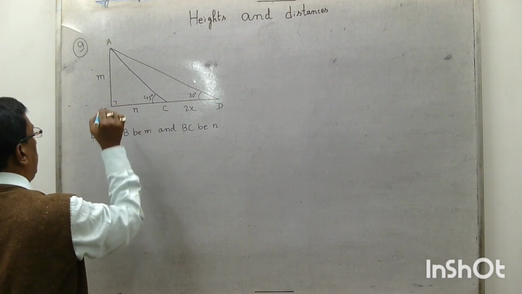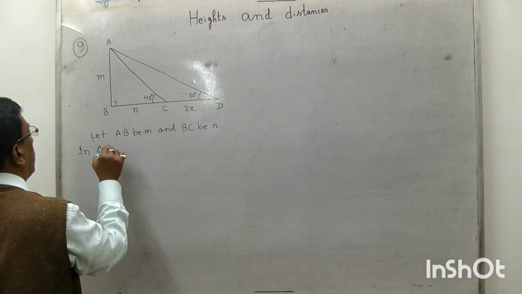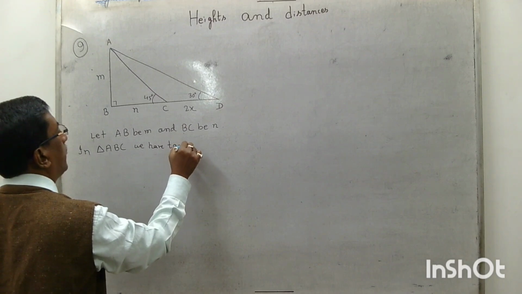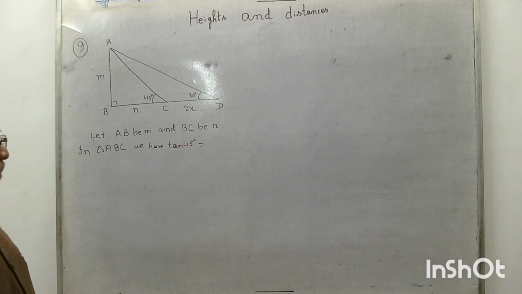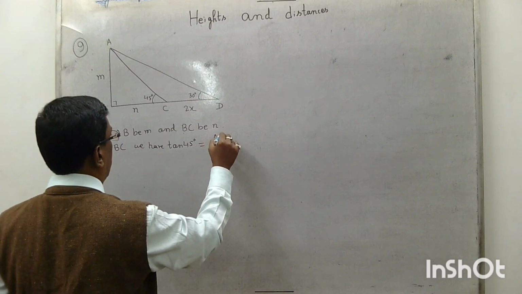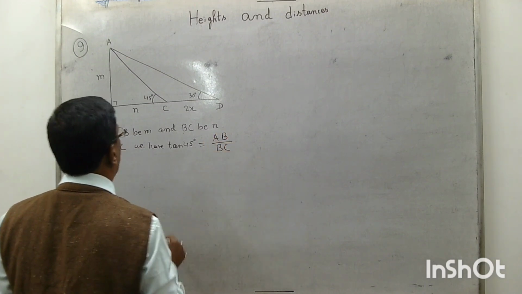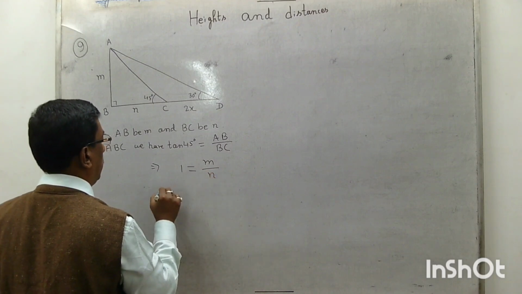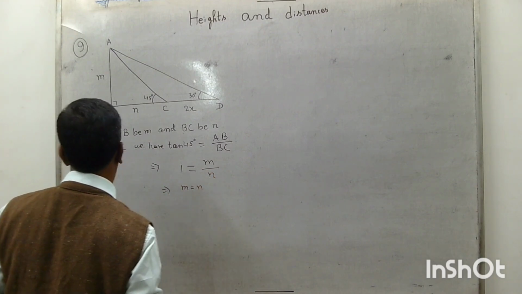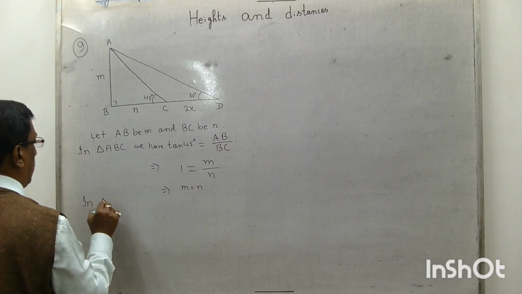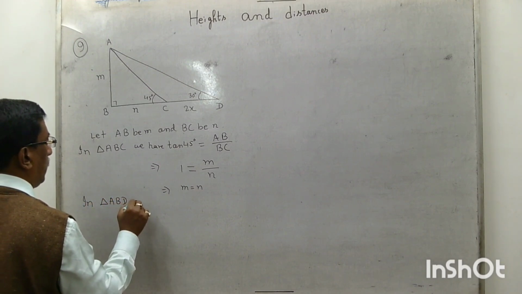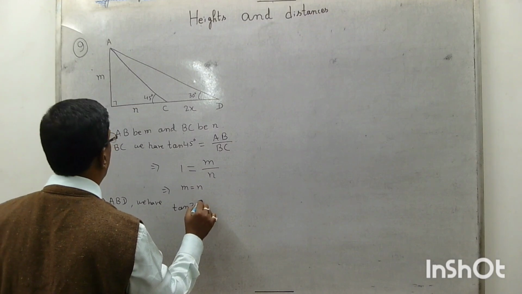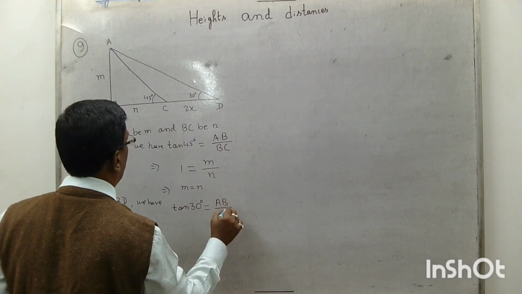This is a right angle triangle. So in triangle ABC we have tan 45 degree equals to AB by BC. 1 equal to M by N. So M equals to N. In right angle triangle ABD, we have tan 30 equals to AB by BD.